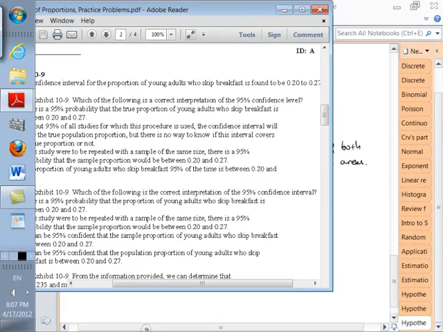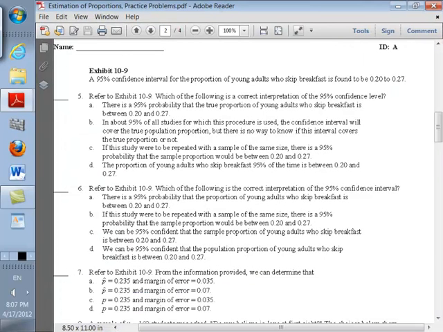So let's take one of these problems. Let's look at this first problem, which says exhibit 10.9. It's here.